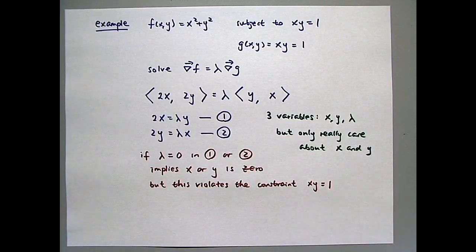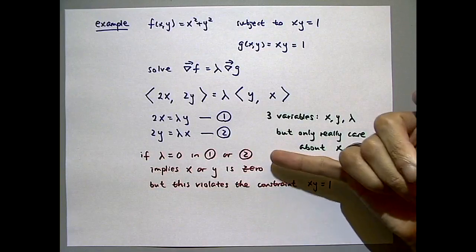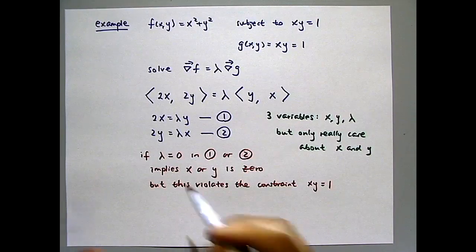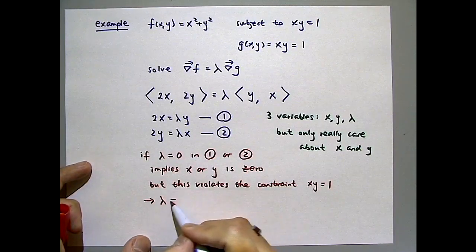xy is equal to 1 says you can choose whatever x and whatever y you want as long as they multiply to be 1. But if either one is 0, then you're breaking the rule. You can't do that. And therefore, this implies that lambda cannot be equal to 0.